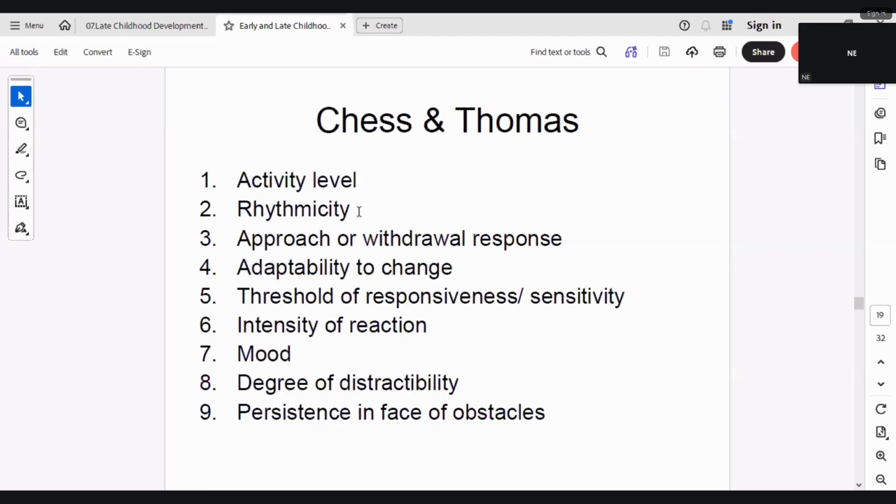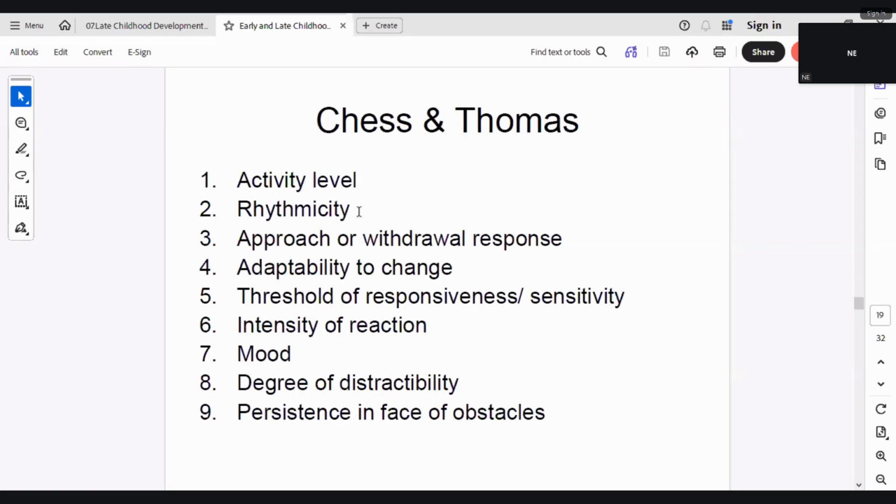Moms will tell you, my child is over the top, extremely dramatic. This is somebody who has a very low threshold, or is extremely sensitive. That goes into the intensity of reaction. If somebody's threshold is extremely low, then their intensity of reaction is going to be quite high. If their threshold is really high and tolerant, then their intensity is on the lower side.